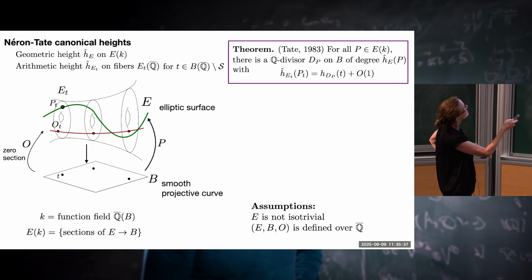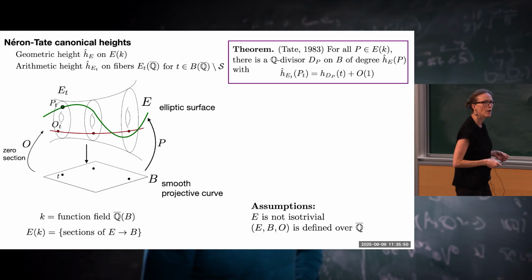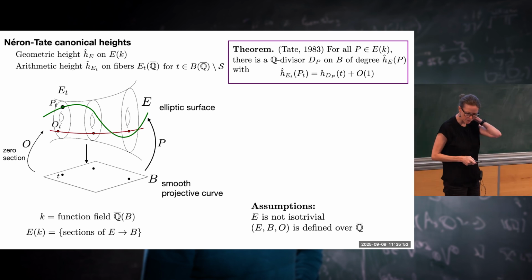The degree of that divisor is the geometric height of this point, and the two heights are comparable: the arithmetic height along this section compared to some reference height on the base, up to a bounded correction.